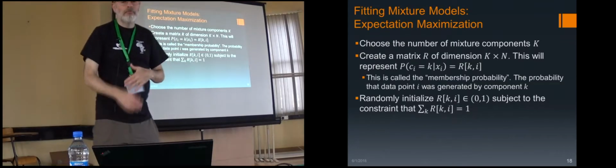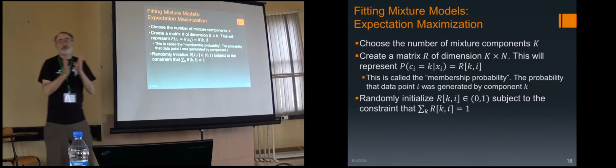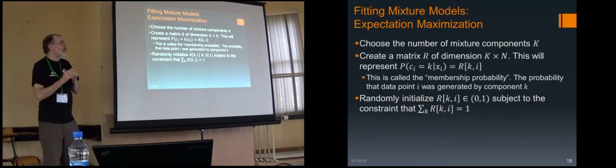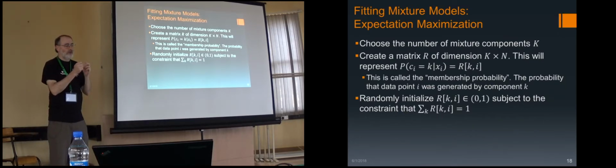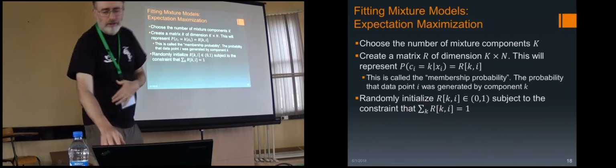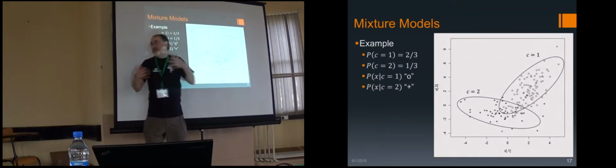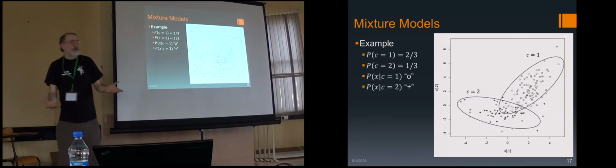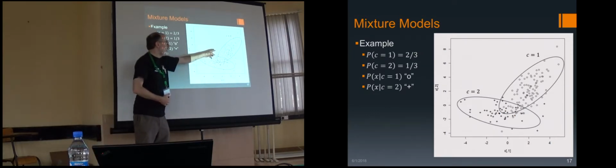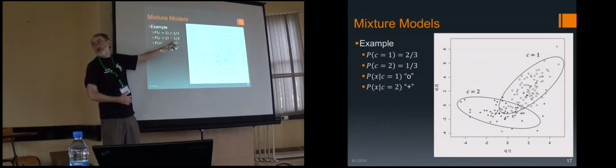So the reason we want to use a mixture model is to accommodate that banana shape in this case. Well, fitting mixture models is much more complicated. If we knew which ones were the pluses and which ones were the circles, then it'd be easy, right? We could count up the number of pluses and the number of circles and figure out it's 2/3, 1/3.